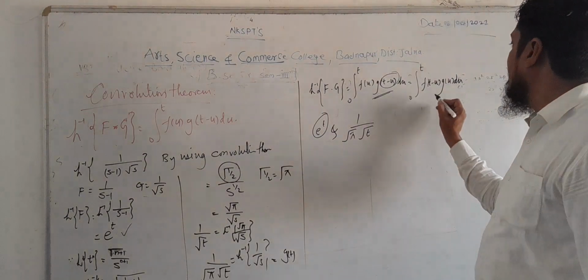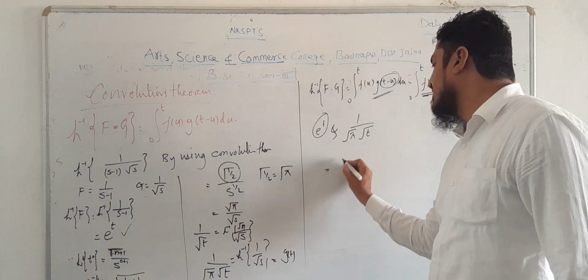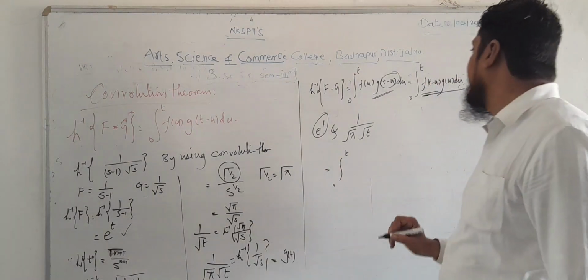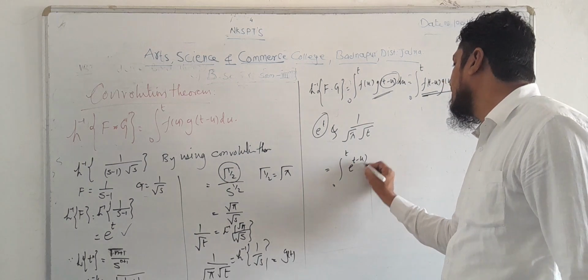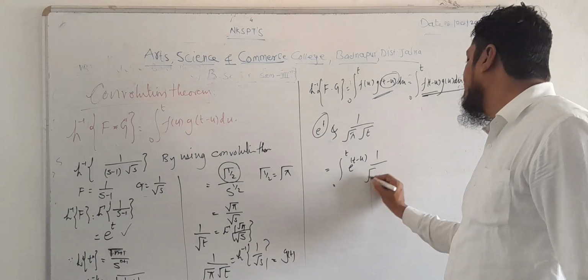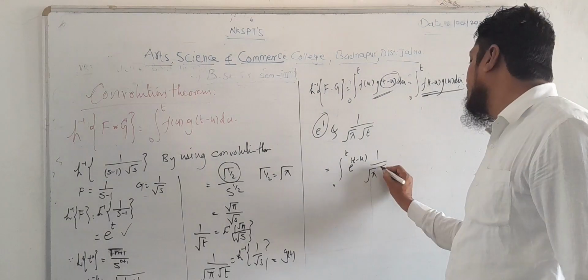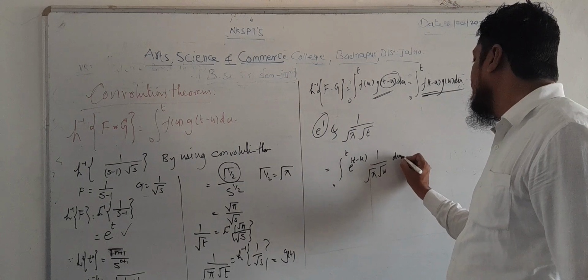So we will use this function in the integration from 0 to t of e raised to (t minus u), and g(u) is 1 upon root pi root u, du.